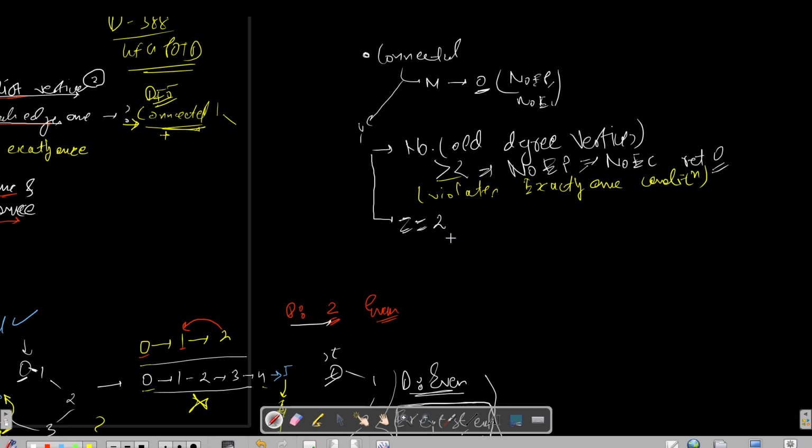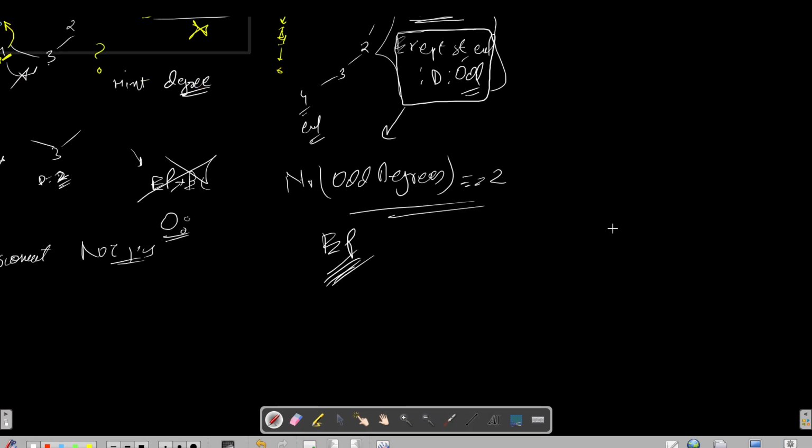Now, if it equals 2, I know that is definitely a Euclidean path, and the question says if that's a Euclidean path, you have to return 1. So I will say return 1 here. Great. So what is handled here? The reason is that exactly once is handled and different indexes as well, because the graph is open.